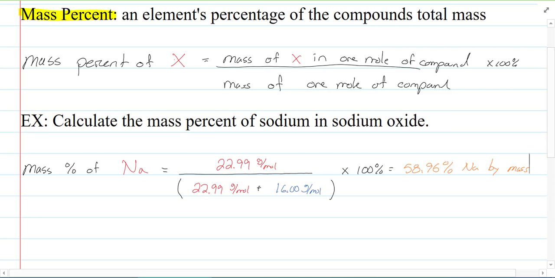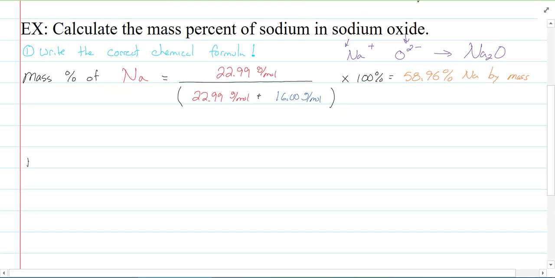So step 1, or step 0, if you want to call it that, we write the correct chemical formula. Sodium, Na plus. Oxide, O2 minus. So right away, we notice that it should be Na2O.